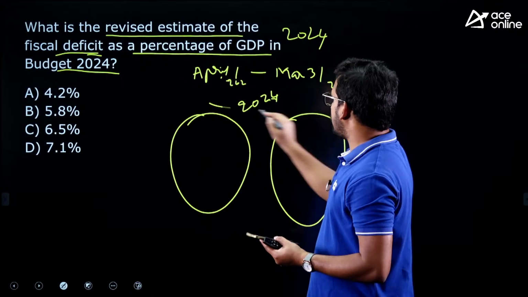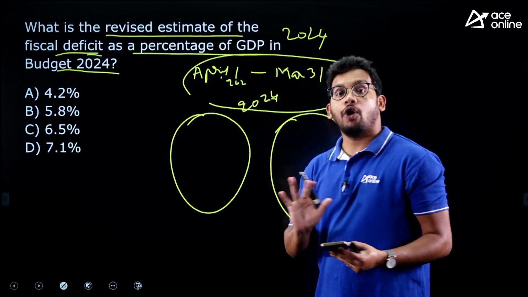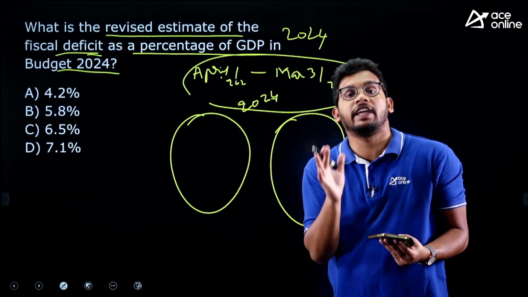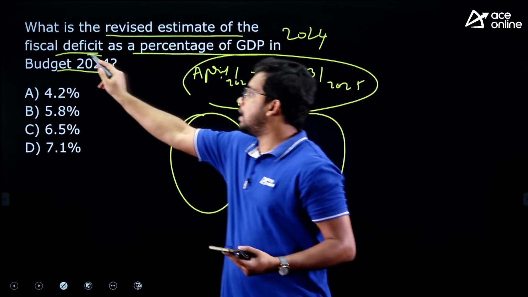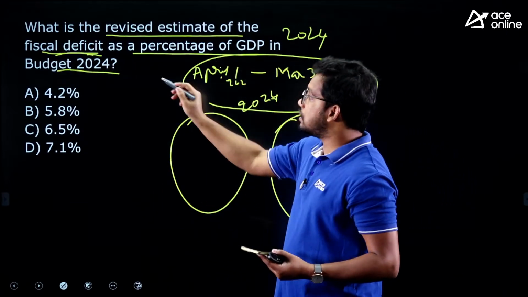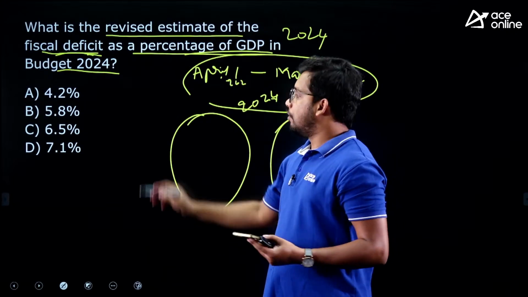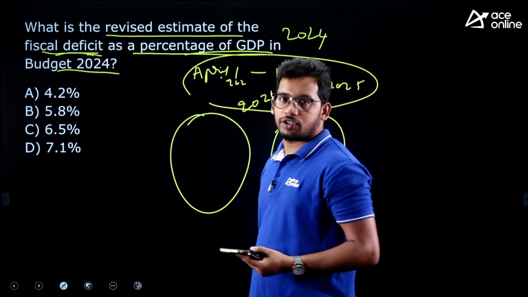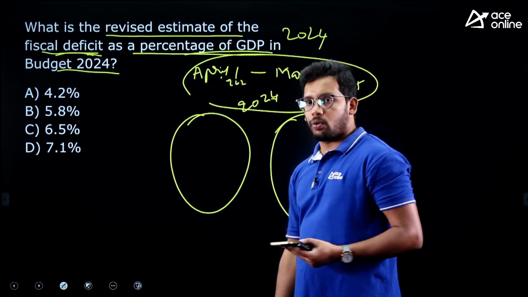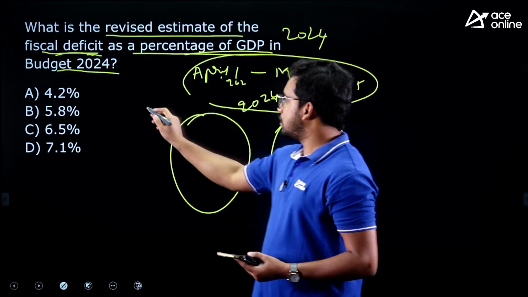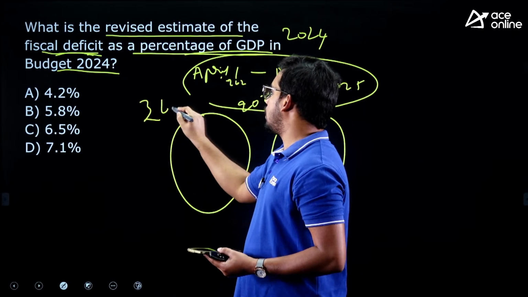So in this one financial year, how much extra is the government creating as debt? That is called fiscal deficit. So how much is there as percentage of GDP? For example, our GDP is how much? Anyone? How many crores? Our GDP is around $3 billion.